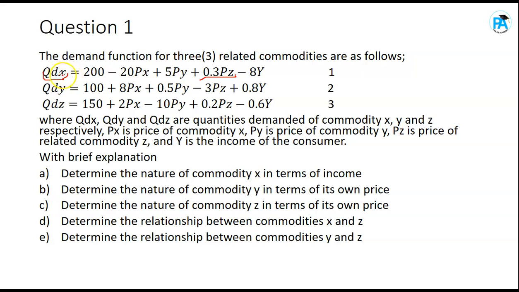You check the quantity demand of commodity X and the price of commodity Z. What is the relationship between them? There is a positive relationship between them, isn't it?